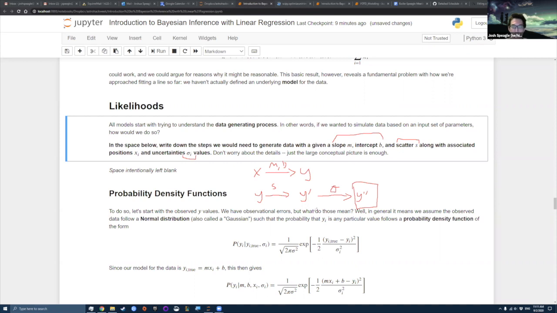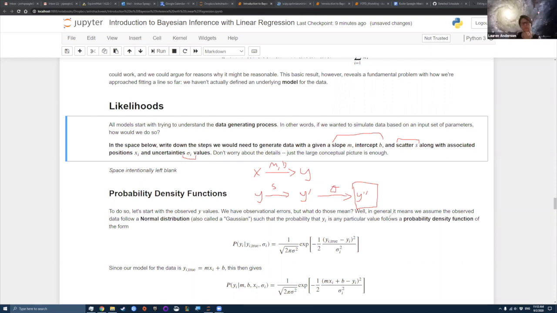So maybe this describes our data generating process. To go from the actual underlying values to our observed data, we need to know the slope and intercept so we get the line, some scatter so we can generate this intrinsic dispersion, and then some additional measurement uncertainties to generate the observed data.